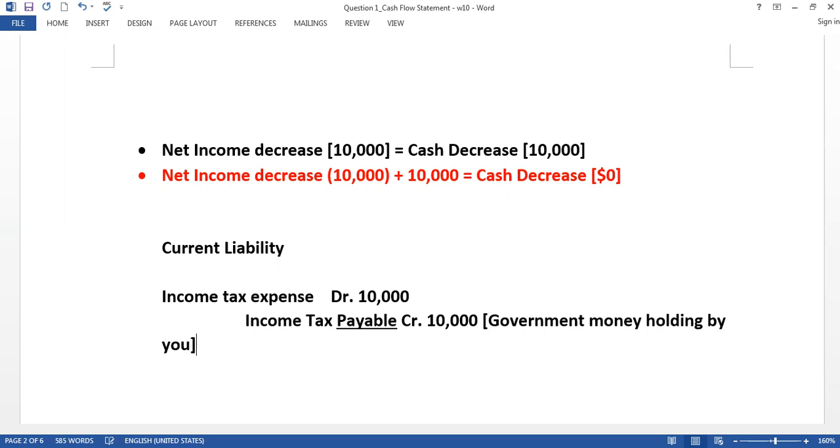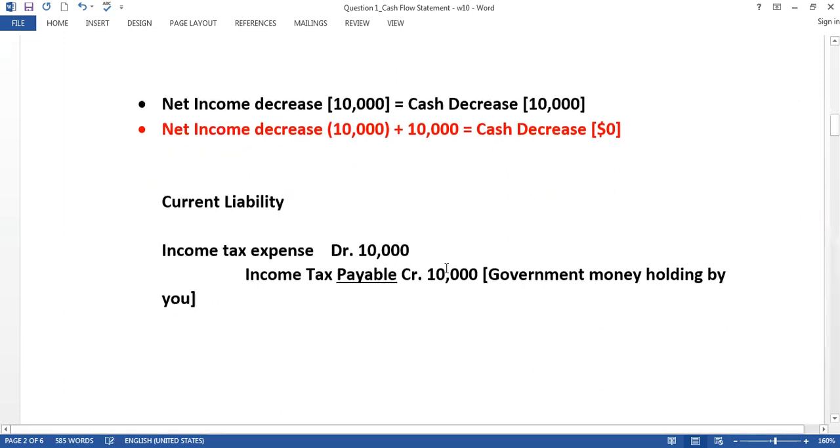Payable means cash not yet paid. So this is government money, but held by you. That means as this is money held by you, your cash is at this moment plus. You have some cash with you, right?